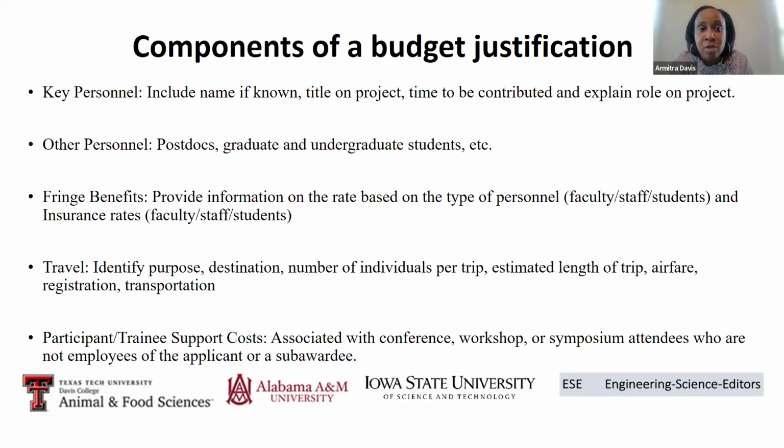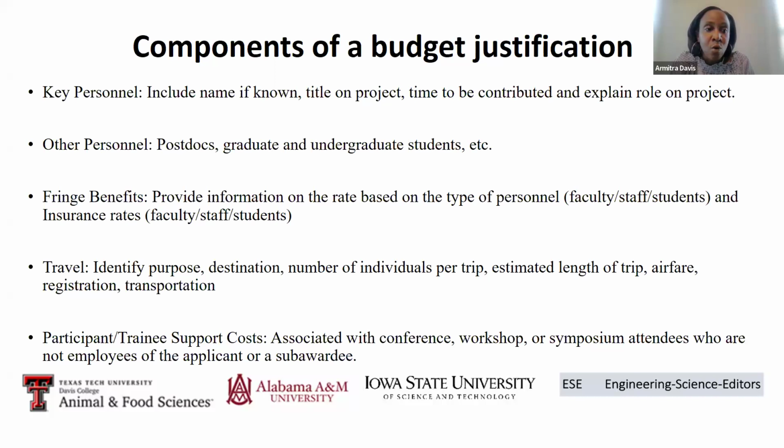Other personnel, such as postdocs, graduate and undergraduate students, need to be considered under the key personnel, but other personnel is the subcategory. All right, so for the fringe benefits, provide information on the rate based on the type of personnel, because it will differ depending on the personnel type.